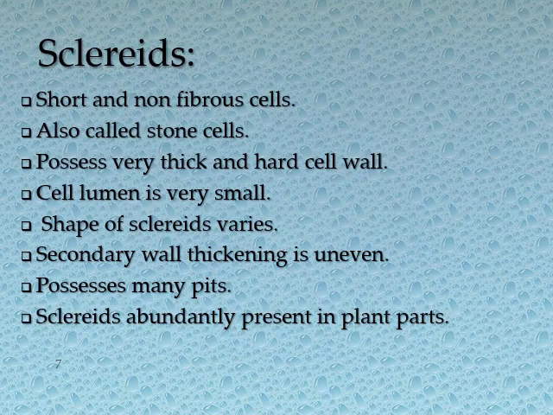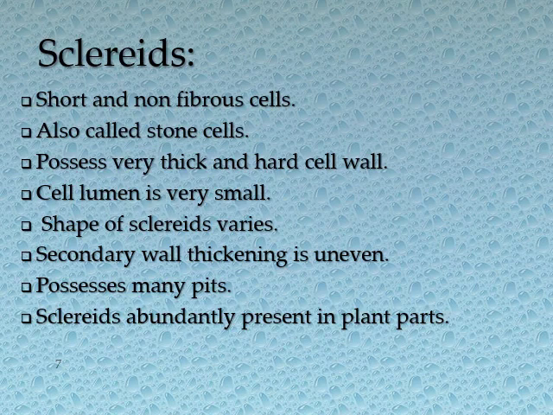Sclereids are short, irregular Sclerenchyma cells, and they are non-fibrous in nature. Sclereids have a thick lignified secondary wall due to the deposition of lignin, and it appears as a very rigid and hard structure like stone. So these Sclereids are also referred to as stone cells.